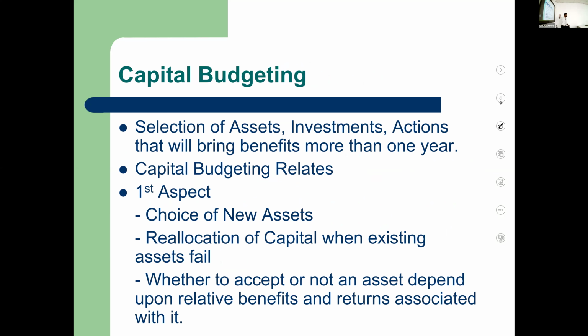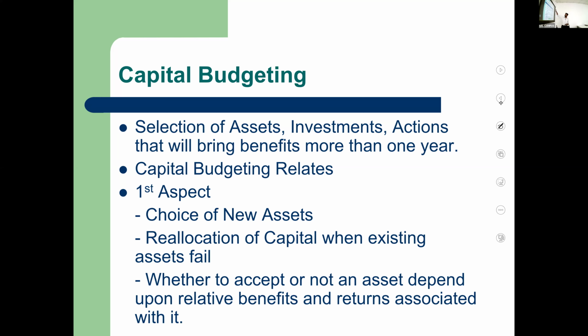We have discussed how many aspects? Two aspects. One is you should select the asset. If that asset fails, you should reallocate. Very good. Reallocate your fund or cash or the capital. And also you need to analyze the benefits and the return of that asset.